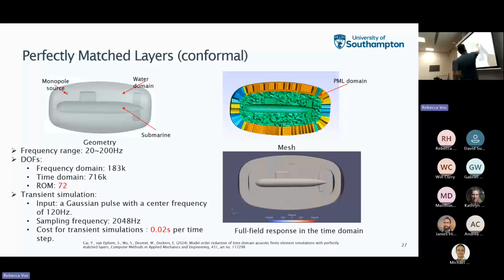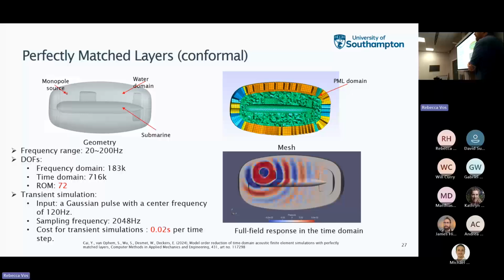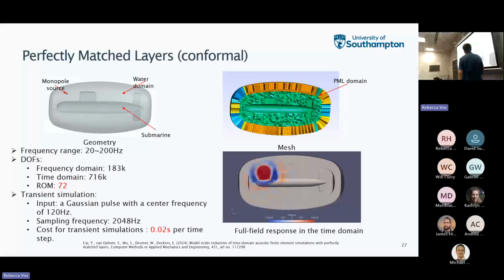And so here we did a PML simulation. PMLs are quite tricky to do in the time domain because they have frequency dependent properties again. But we found a way to go from a time domain model of around 700,000 degrees of freedom to a reduced order model of 72. So that's quite a big change in size.